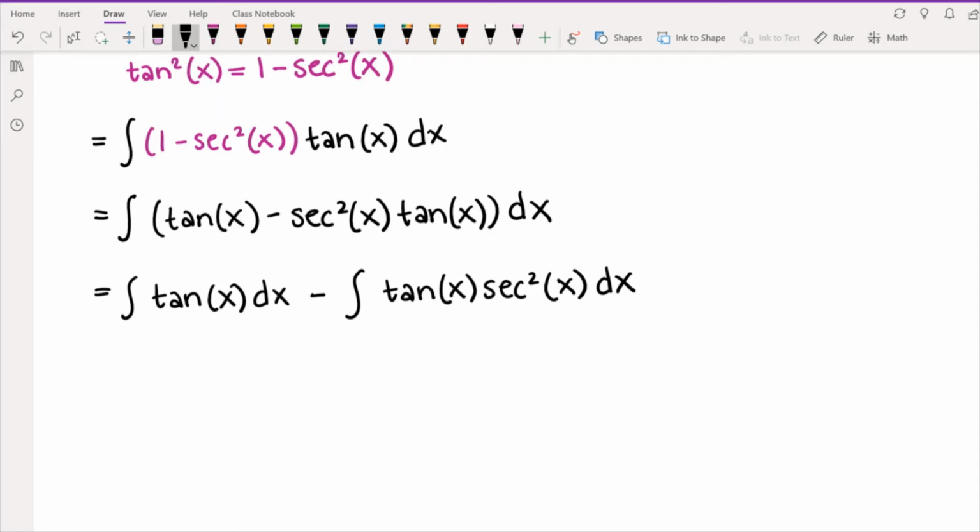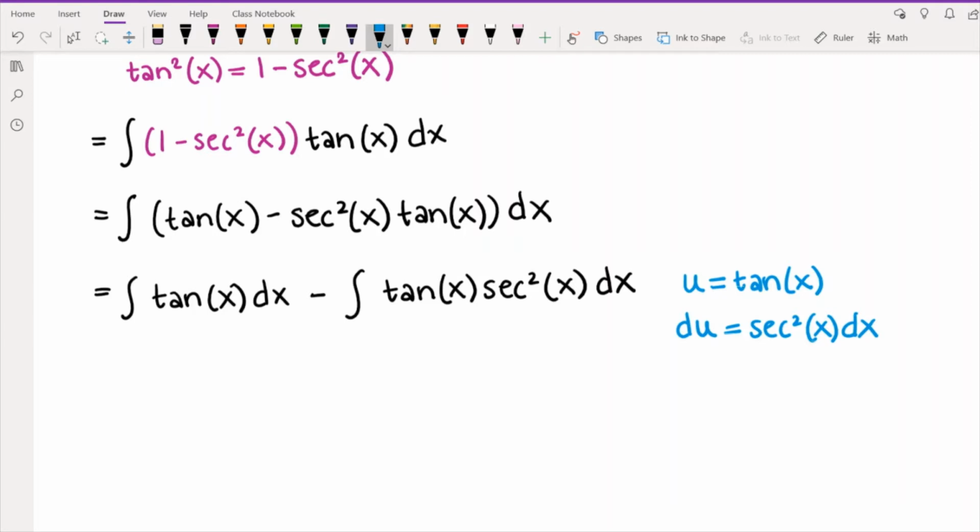So how can we approach this second integral? Well, remember that one of the things you should always be looking for is if the derivative of one of your items is also appearing in the integral. If you have something in your integral and then the derivative of that thing is also in the integral, that's a sign that maybe a substitution will work. In this case, the substitution we can do is let u equal tangent of x, then du is going to be equal to secant squared of x dx.